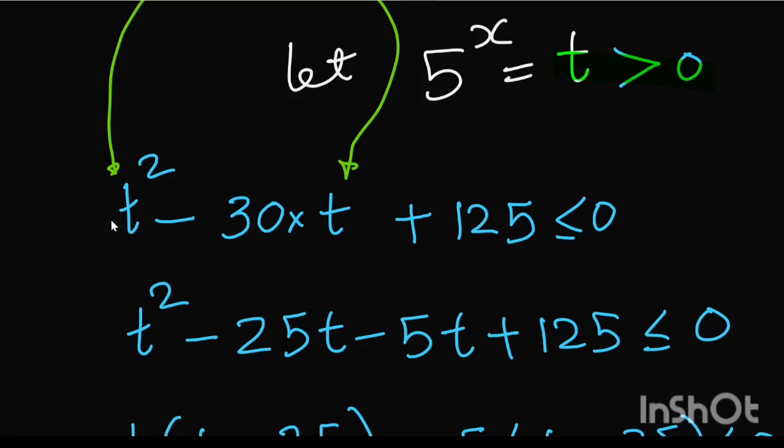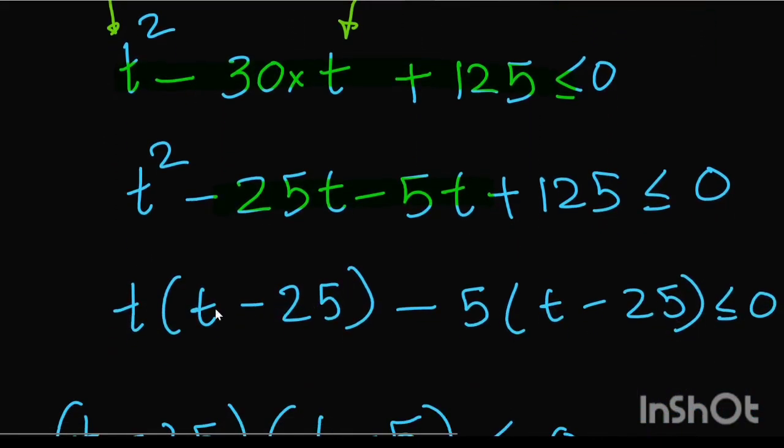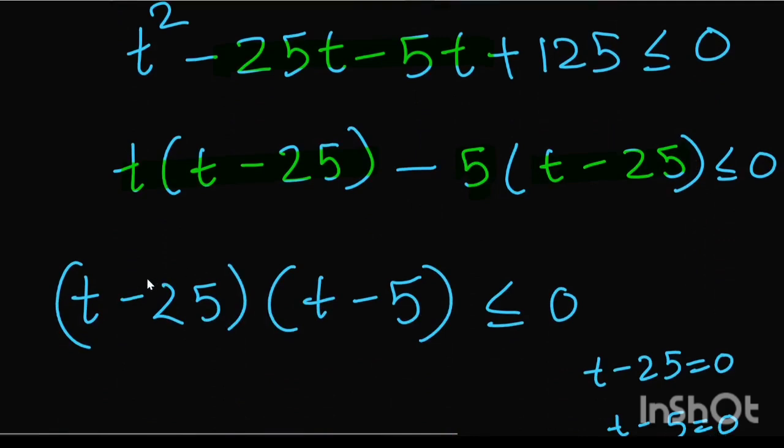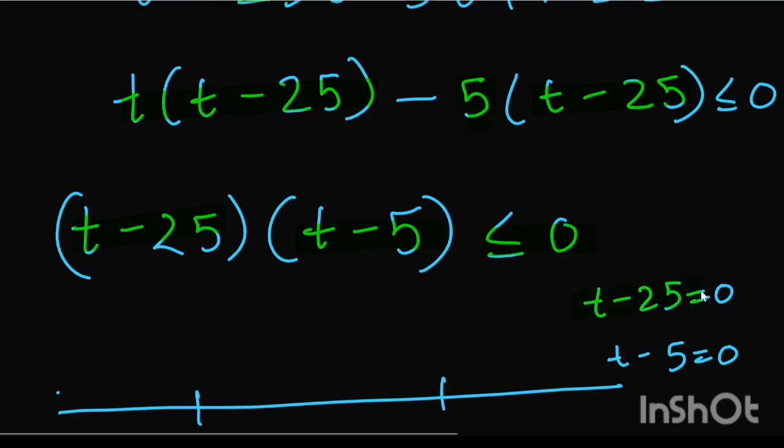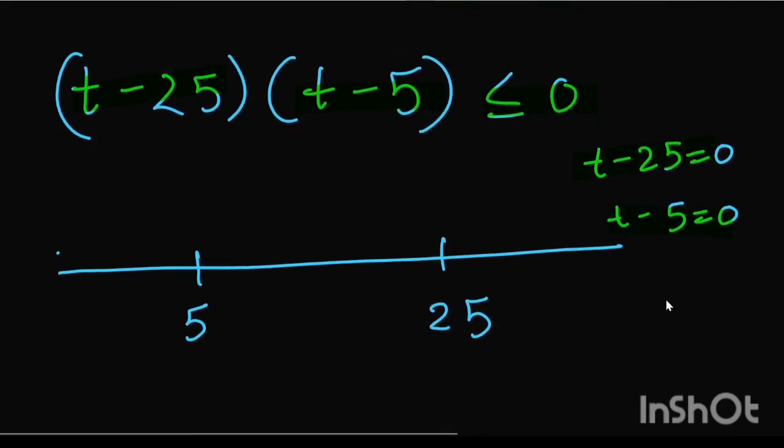So this reduces to this quadratic. Splitting the middle term, 30t, then taking 2t common from the first two terms and minus 5 common from the second, you will get (t minus 25)(t minus 5) less than or equal to 0, which is a quadratic inequality whose two zeros are 5 and 25.